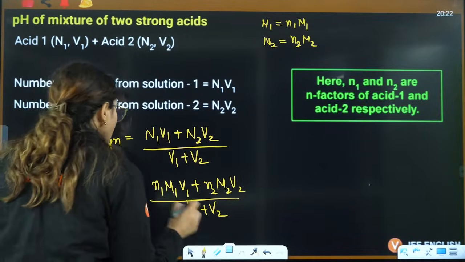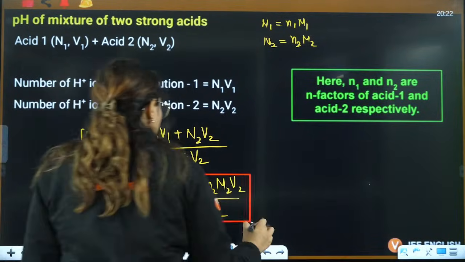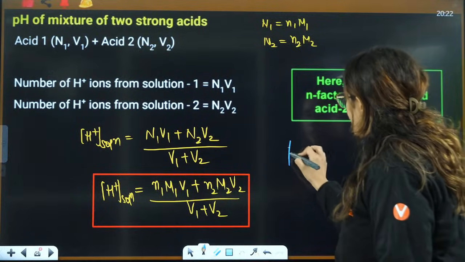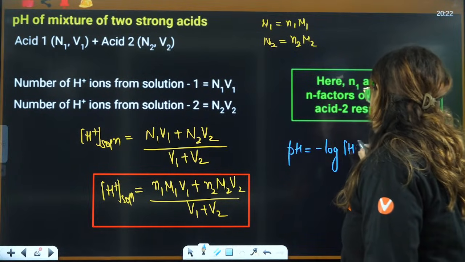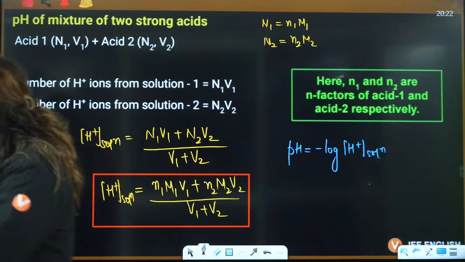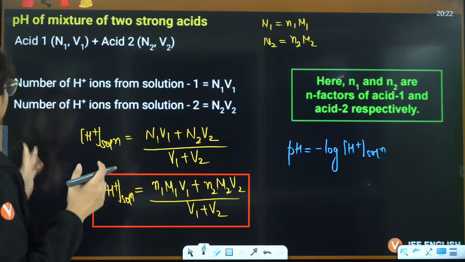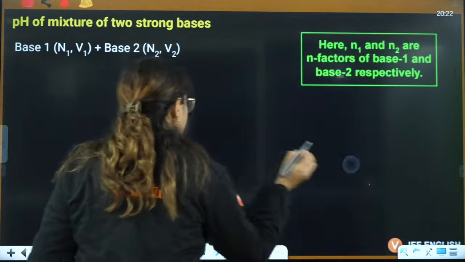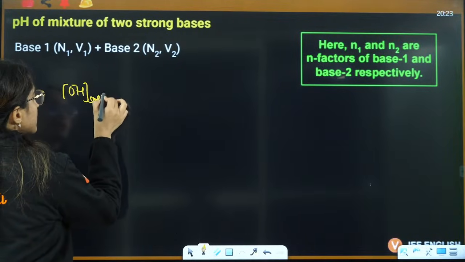You are given 2 acids, you simply do this. Molarity or normality will be given to you. Then pH is equal to minus log of H positive of this solution. That's it. This is not complicated. Similarly, in the case of 2 bases, you will calculate OH negative of the solution.